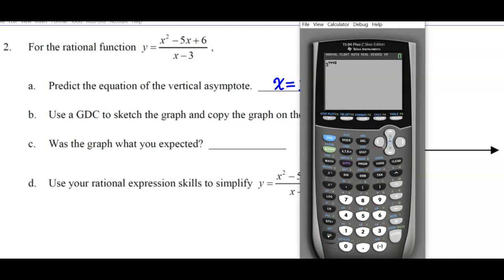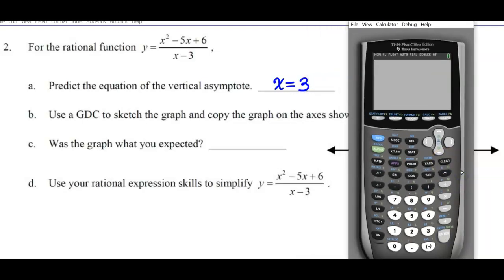If you have a newer calculator, you can do the fraction: Alpha, equals, enter, and you can make it look like a fraction.